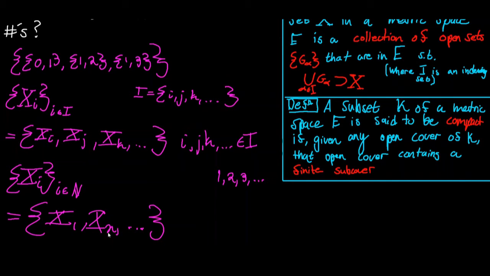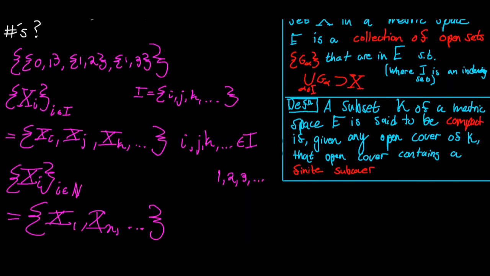They're not necessarily distinct, but they're specifically labeled, identified by their index i in the natural numbers. This way of indexing is only able to specify a countably infinite number of sets in a collection of sets.